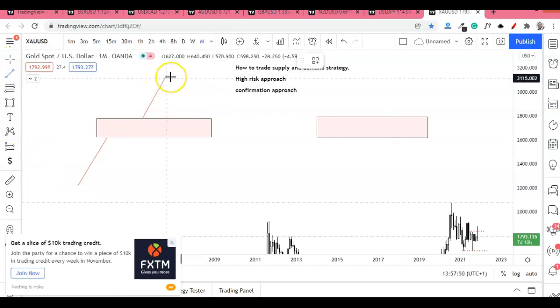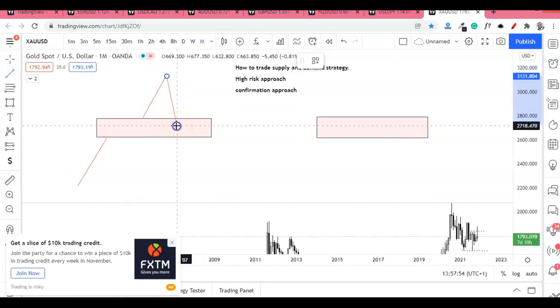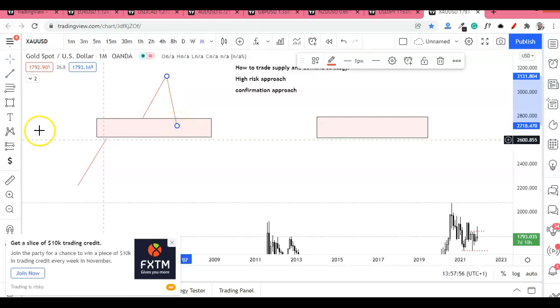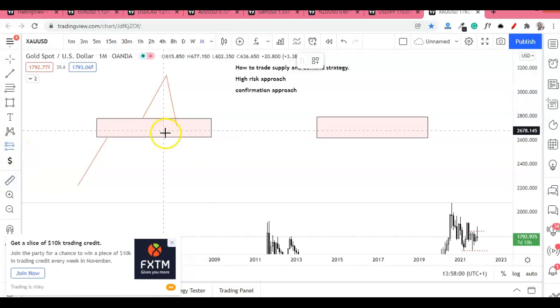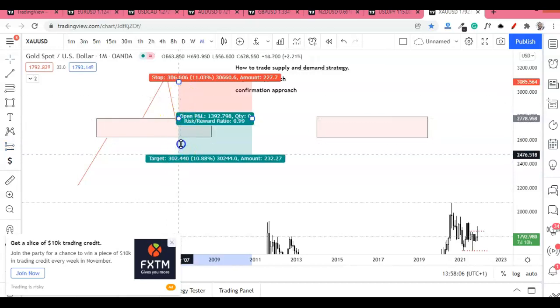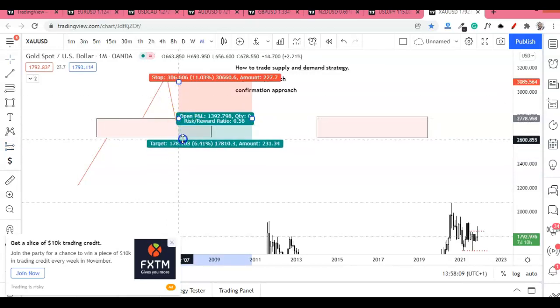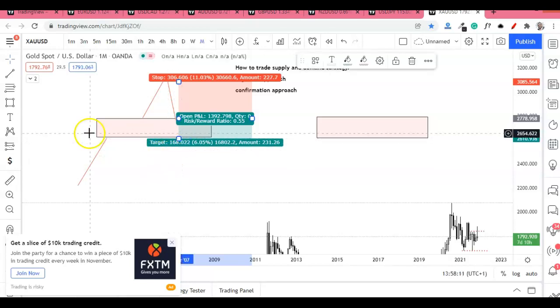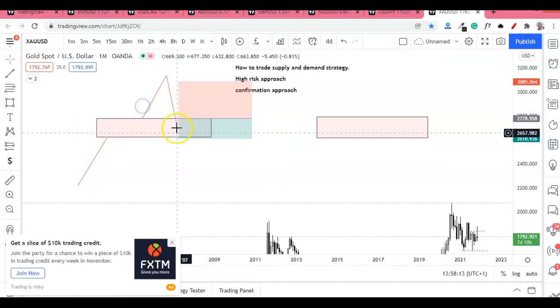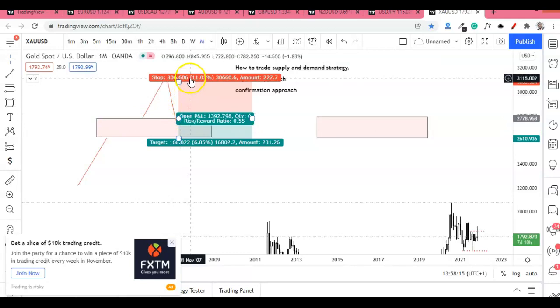When price comes back in here, the moment it enters the zone, we pull the trigger. We are going to sell this. And we are going to buy, because this is a demand zone. We are going to buy this from the beginning of the base, then our stop loss will be below the base. Then we expect price to go up and hit our take profit.